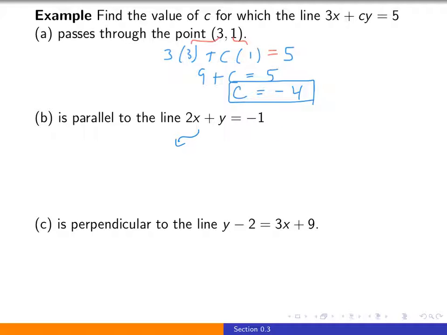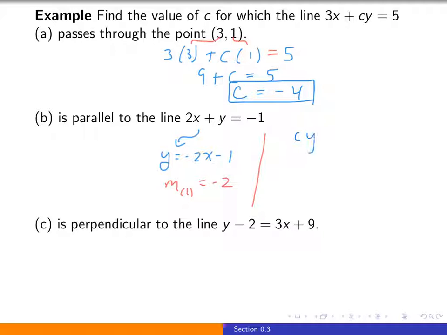So this can be written as y equals minus 2x minus 1. So in this case, the slope of the line in part B, I'll put m sub b, is equal to minus 2. What we need to happen then is to pick the c value so that the slope of the line given here will be minus 2.